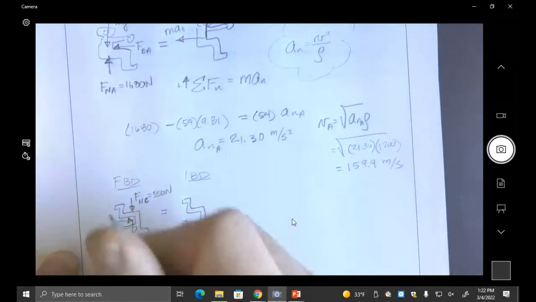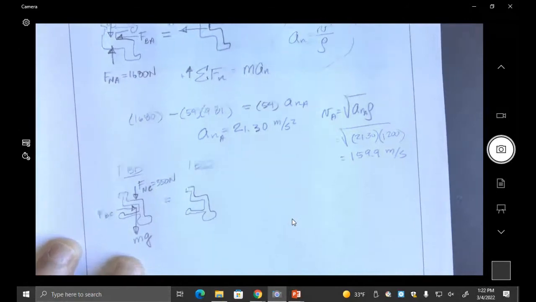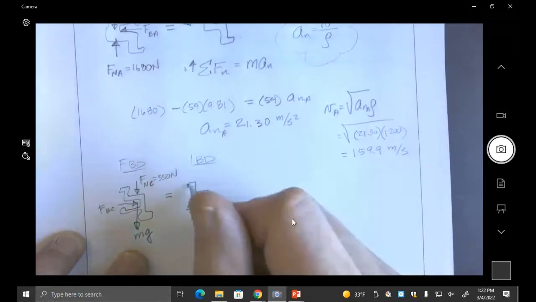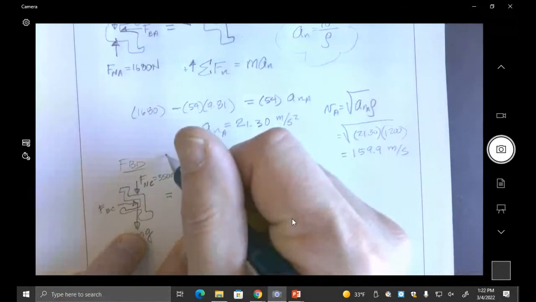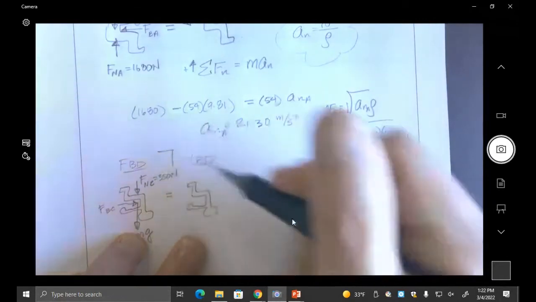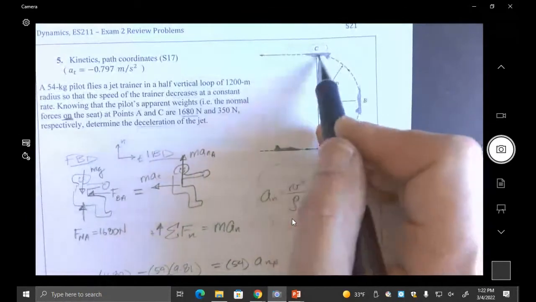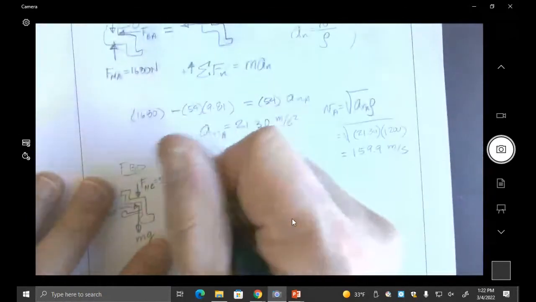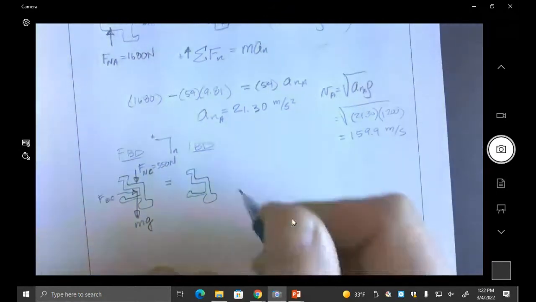So we're going to have the force of the belt at C, if someone were to ask us those types of things. And then the coordinate system here, let's set this up. Right at this spot, tangential is going that way, and normal is coming down that way. So tangent is here, and normal is there.